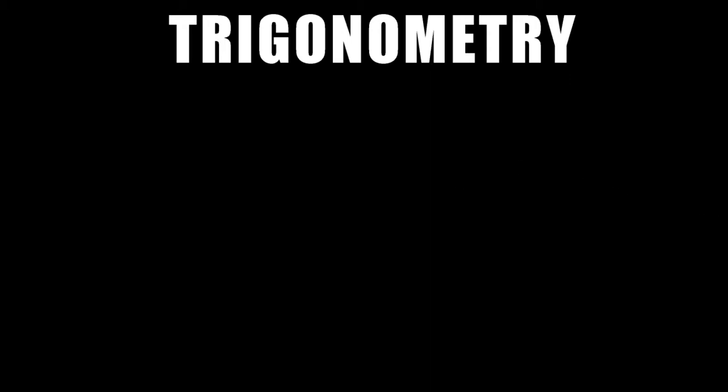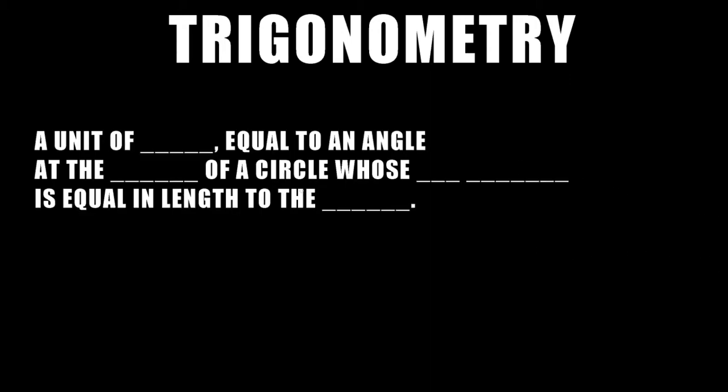So to start off, let's just start by defining what a radian is. I got this definition from Google. A radian is a unit of angle. Like I said, this is just a way to measure an angle, equal to an angle at the center of a circle. Okay, so we're dealing with circles here, so keep in mind that radians pertain more to circles.